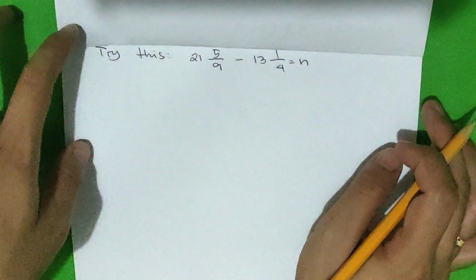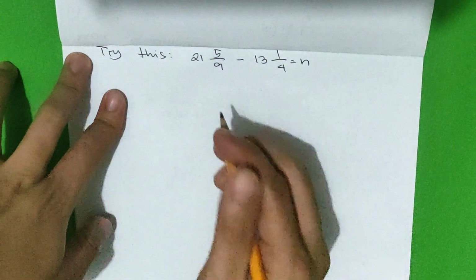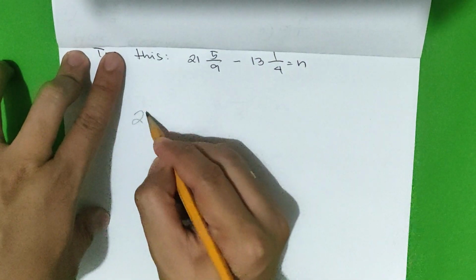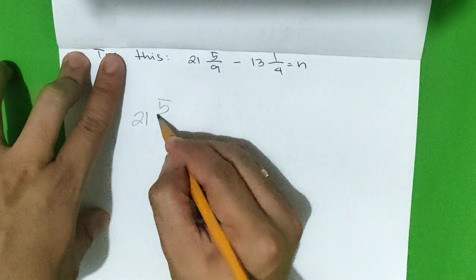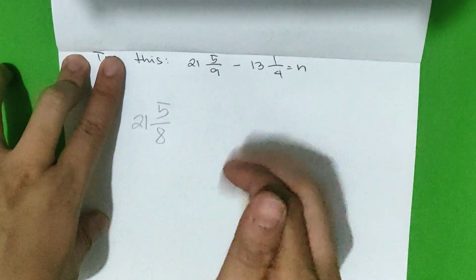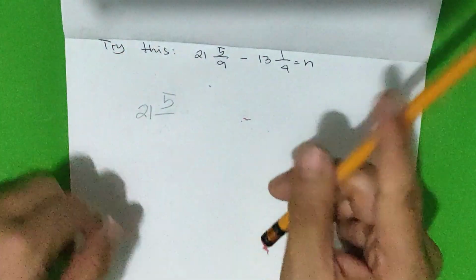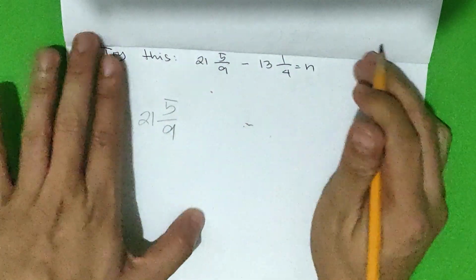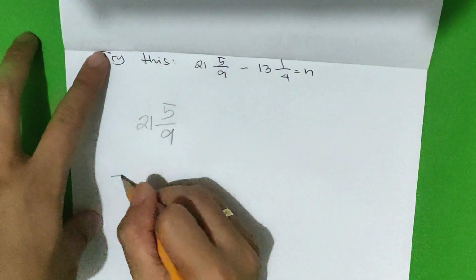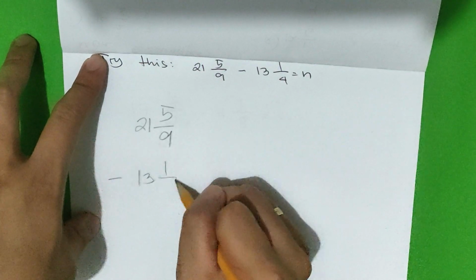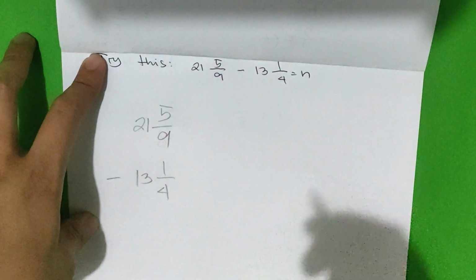Alright, so now let us answer this together. Let's see if your answer is correct. Let us align the fractions. 21 and 5/9 minus 13 and 1/4. Right.